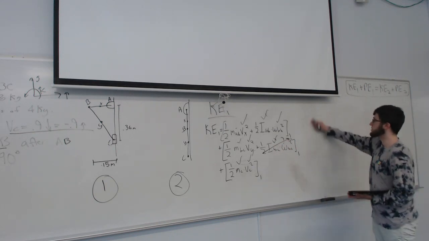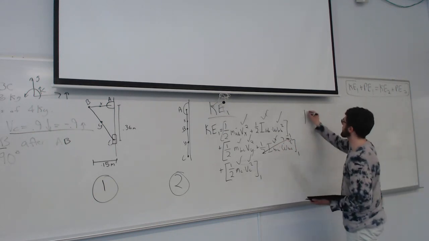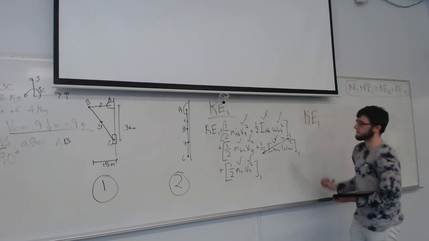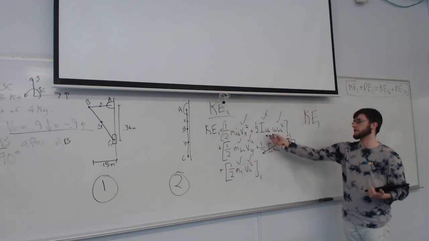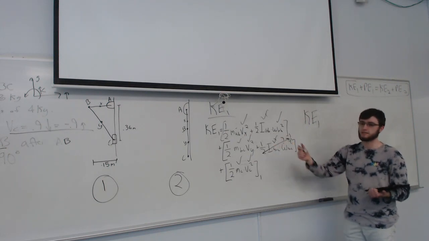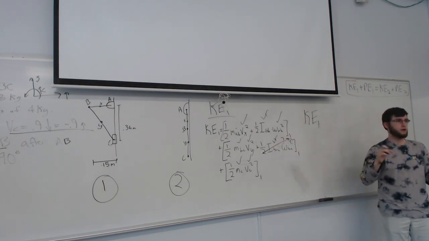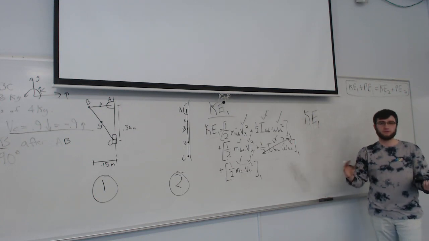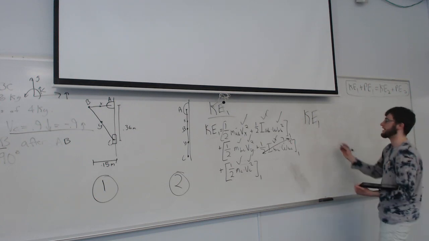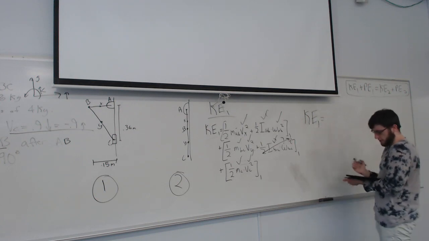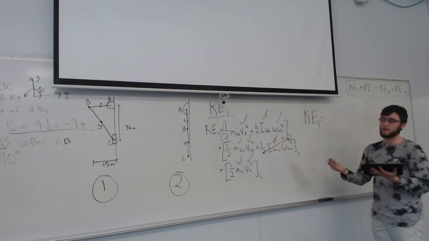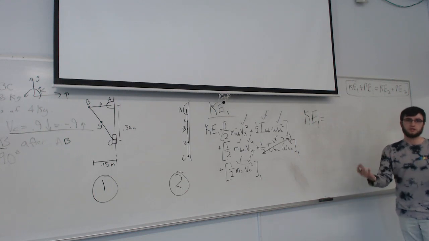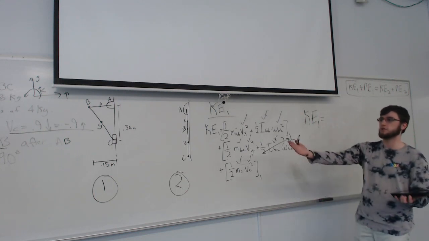So it's just computation at this point, and I don't have time to go through all of it. But trust me, at this point, you have all the numbers. Well, except for the moment of inertia. But like I said, it's just one of those things you're just going to look up on an equation sheet. You're never going to have to really solve for it. It's really not that hard. It depends on the length of your rod and the geometry, and it tells you it's a uniform rod.